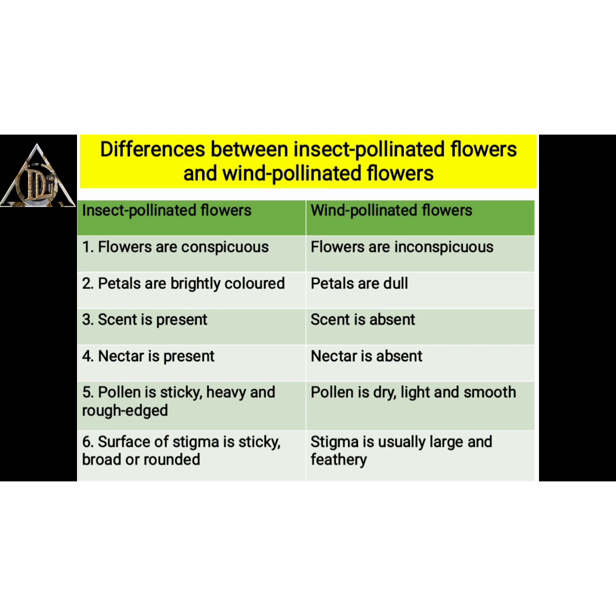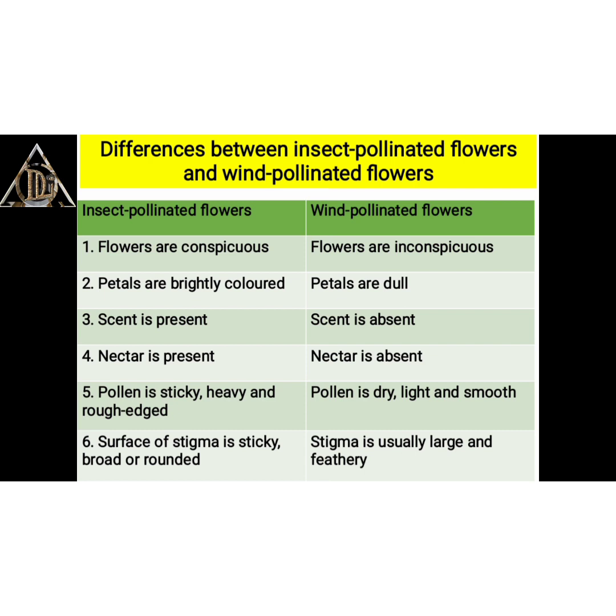In wind-pollinated flowers, nectar is absent. So insect-pollinated flowers usually produce nectar, which is a fluid substance in the plant, while wind-pollinated flowers do not produce nectar.